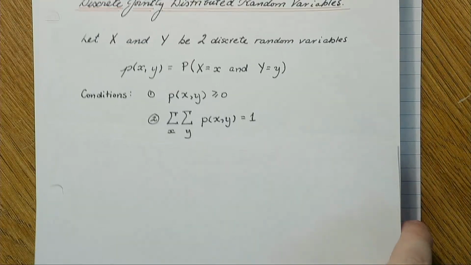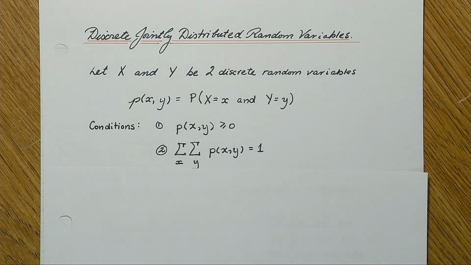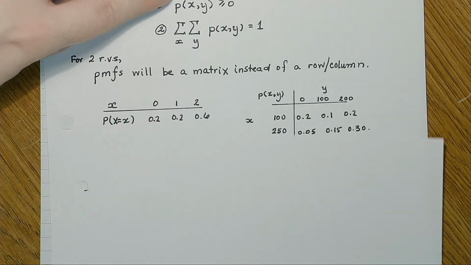The next thing I need to talk about is discrete jointly distributed random variables. That is a mouthful. If you want to get to what we're going to basically do, I'll just skip down to this part right here.